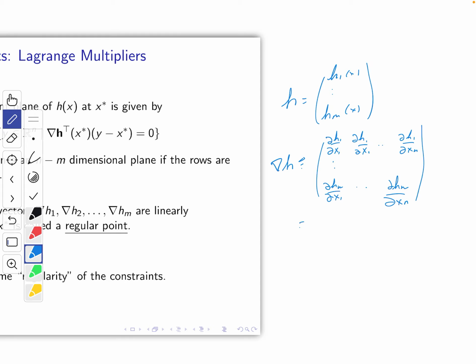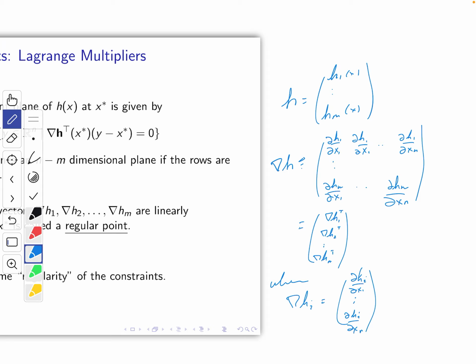We could write this as del h1 transpose, del h2 transpose, down to del hm transpose, where del hi is the partial of hi with respect to x1 down to partial of hi with respect to xn.